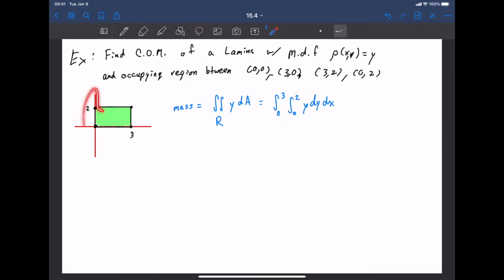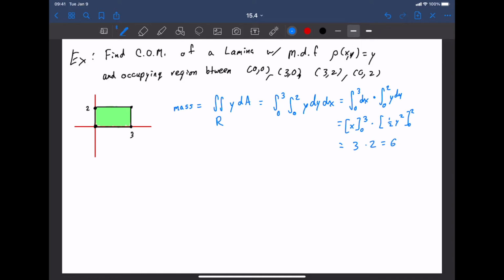It's pretty clear, going from 0 to 2 on that axis. Now this is a rectangle, so if you went really fast, you could have broken it up by the dx stuff and the dy stuff. Getting x evaluated from 0 to 3 times 1/2 y squared evaluated from 0 to 2, or 3 times 2 with a mass of 6 kilograms.